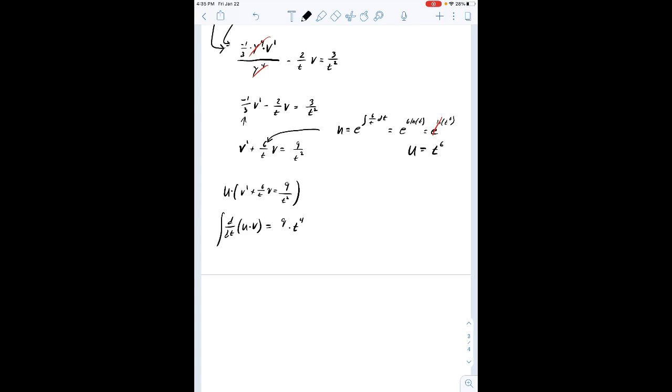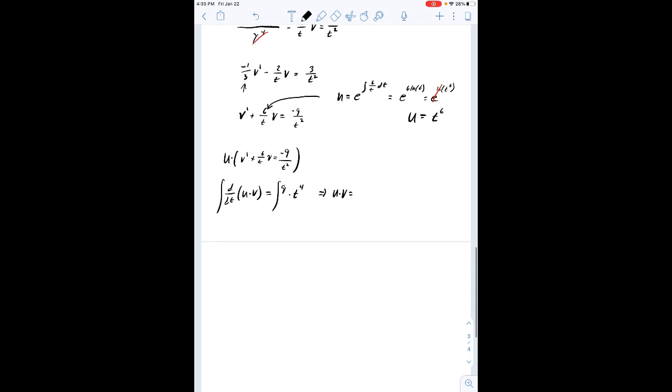And now to get rid of dt, I can just slap on an integral. Okay, so u times v is equal to the integral of this. So what is the integral of this? Oop, and remember right here, I dropped a negative when I multiplied by -3, remember? Okay, so now I'll just slap a negative right there.